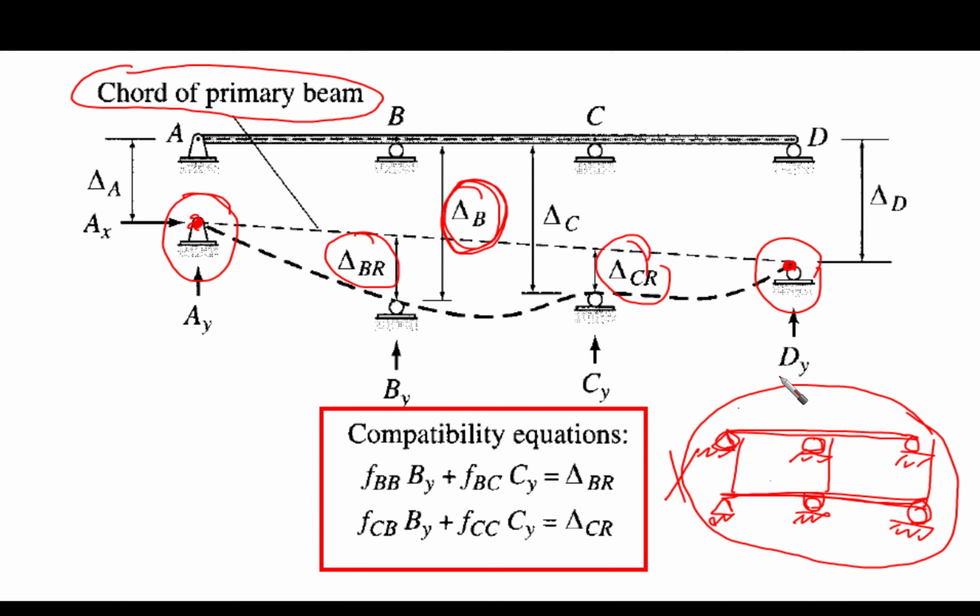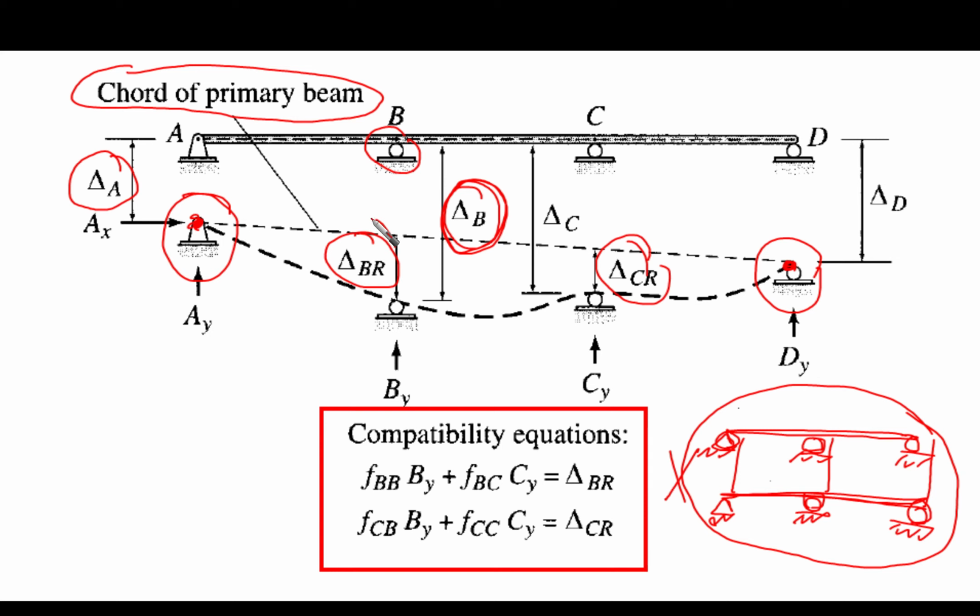But the problem is if one support like A moved with delta A, and the adjacent support at B moved with delta B. So we are interested in what? In the difference between the two: the difference between the support settlement at A and the support settlement at B.